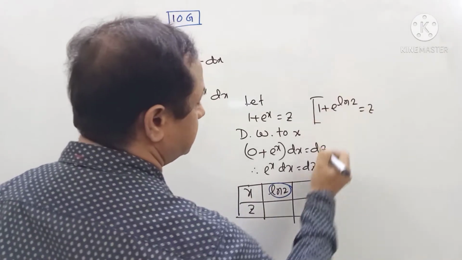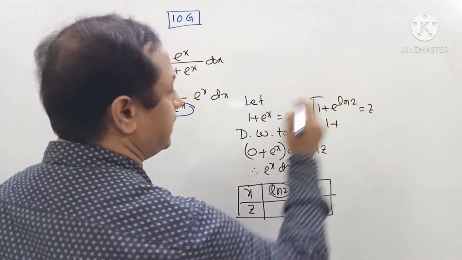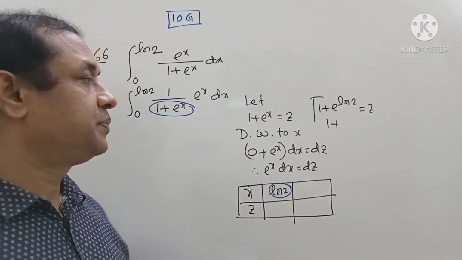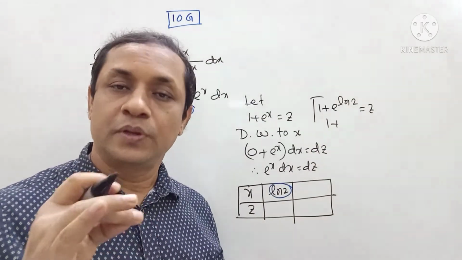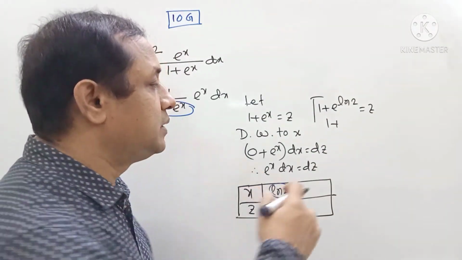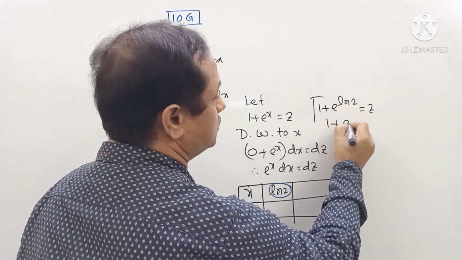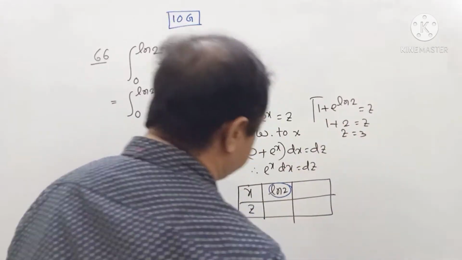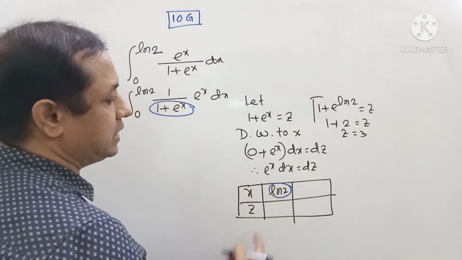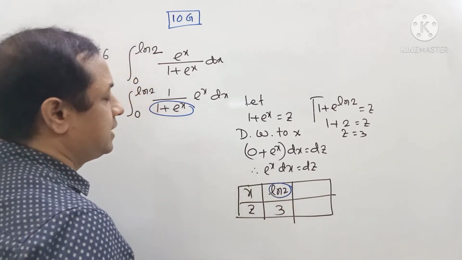Using the formula e to the power ln x equals x, we can write e to the power ln 2 equals 2. So z equals 3. So if x equals ln 2, the value of z equals 3.